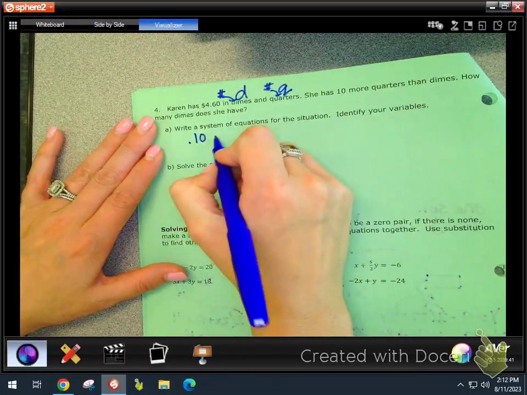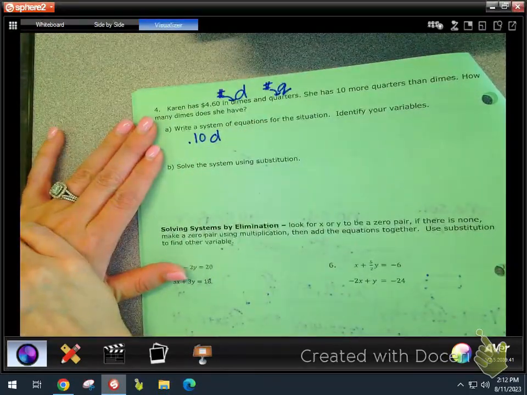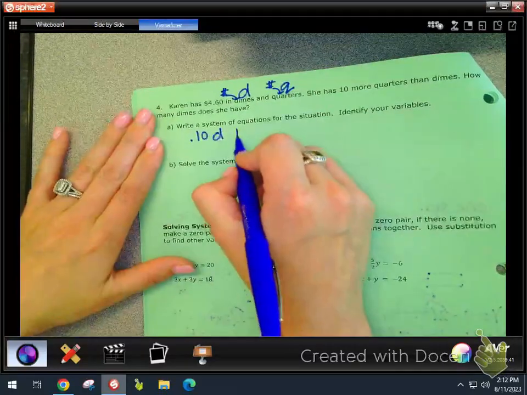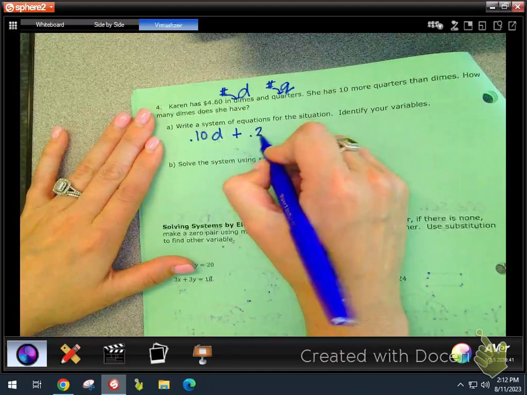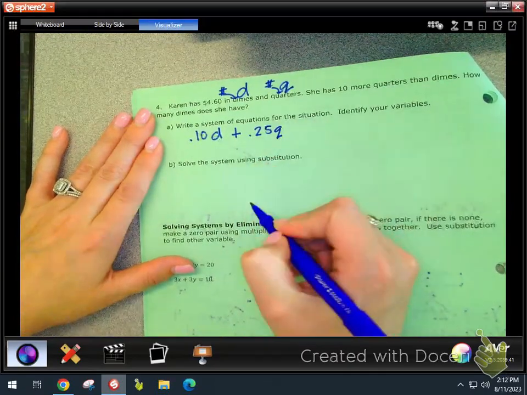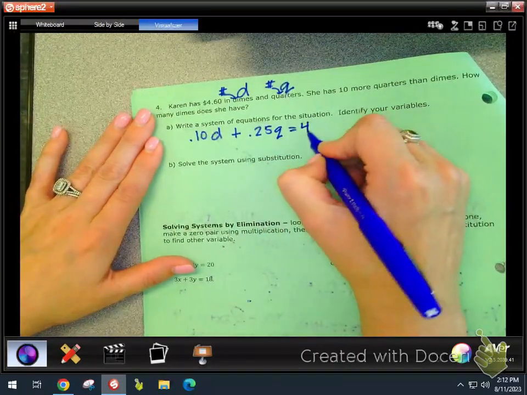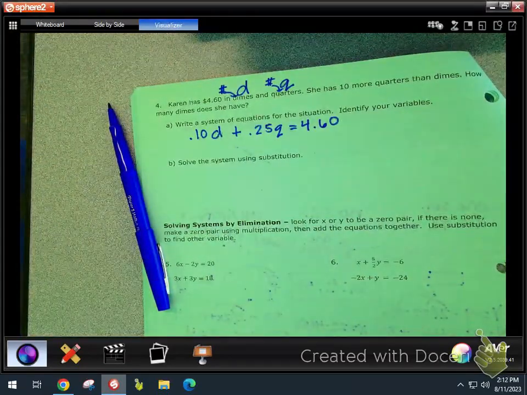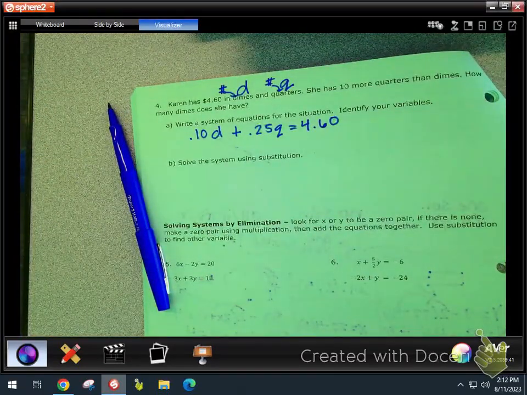You don't have to put the 0. D. So 10 cents times the amount of dimes we have plus quarters, 0.25Q, and that's equal to $4.60. This is the money. Money value, total money value.